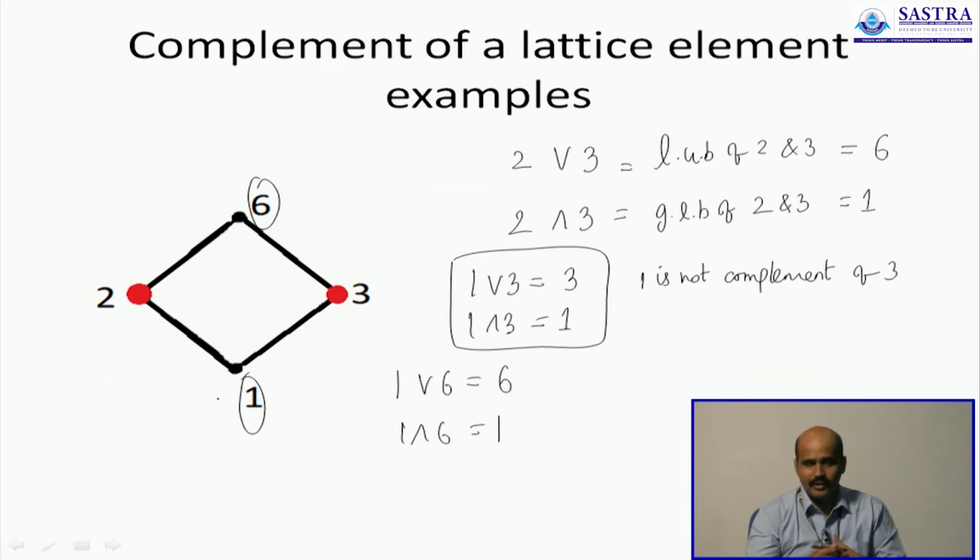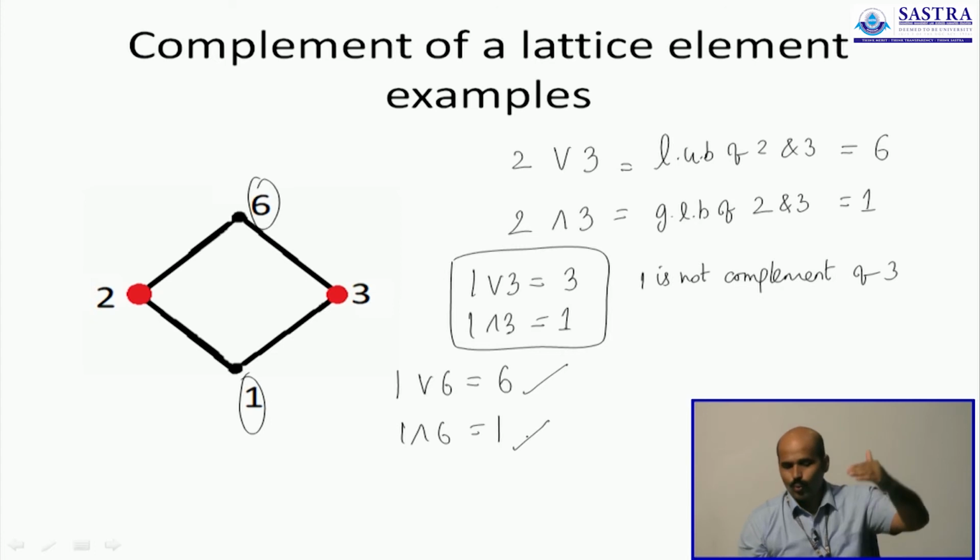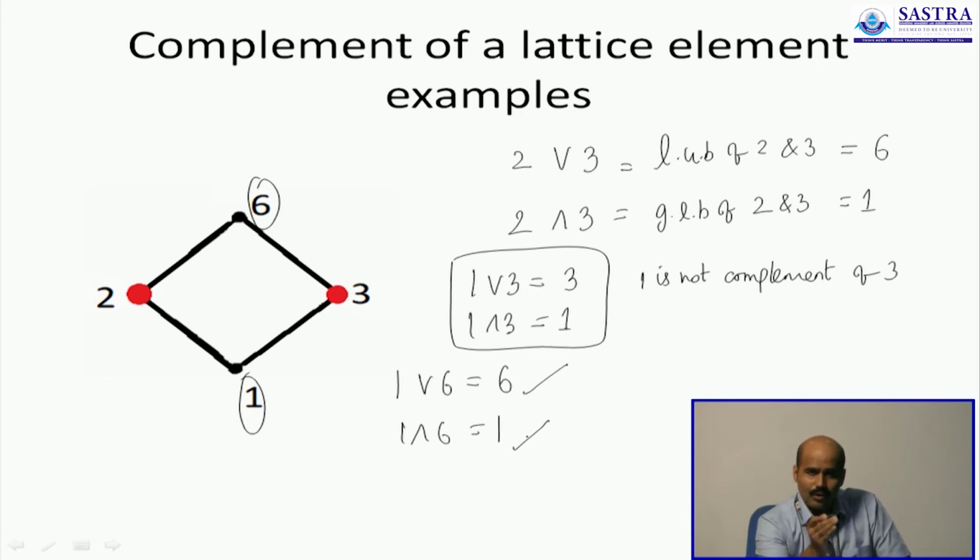And since the join of 1 and 3 is not the greatest element, 1 and 3 are not complements of each other. However, if you pick 1 and 6, 6 will happen to be the LUB and 1 will happen to be the GLB. 6 happens to be the greatest element, 1 happens to be the least element, therefore 1 and 6 are complements. The same was observed with the pair 2 and 3.